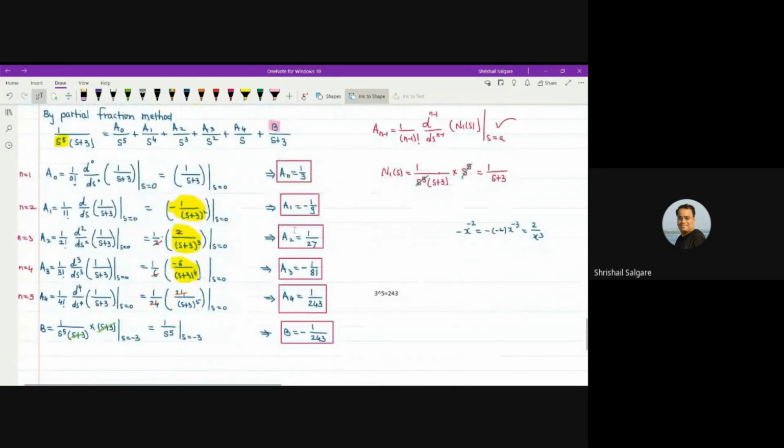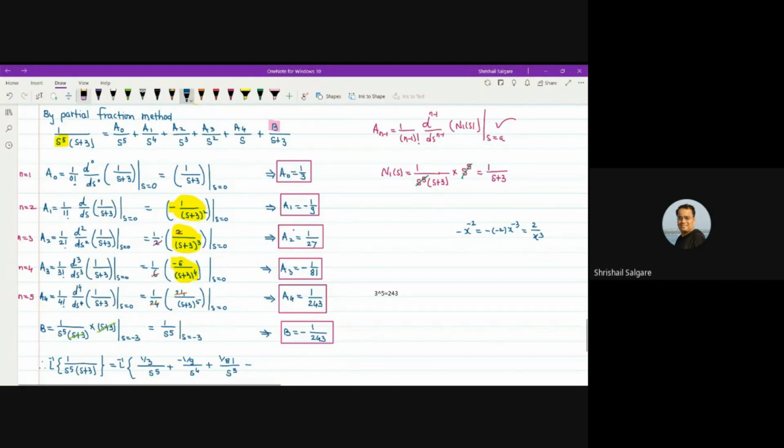So L inverse of 1 upon s raised to 5 into (s plus 3) is given by L inverse of the first term, a0 is 1 by 3, upon s raised to 5, plus minus 1 upon 9 s raised to 4, plus 1 upon 81 s raised to 3, minus, I think I made some mistake.